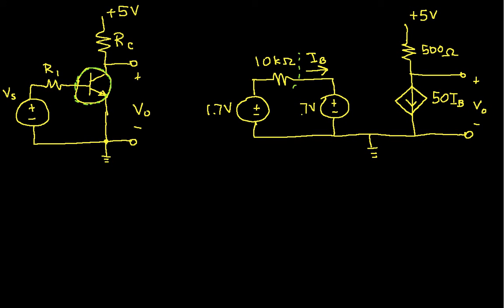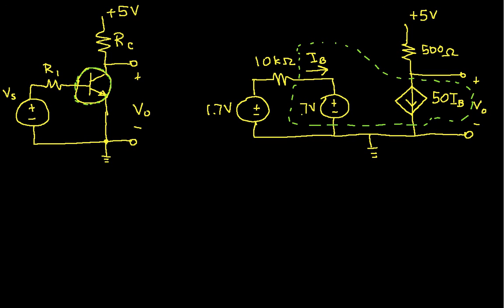And everything that I'm circling here in green is the model of the transistor. This model is reasonably good if you are biasing your transistor in the middle of its linear operating region. So typically you want to find a voltage that gives you a desired current through the transistor.